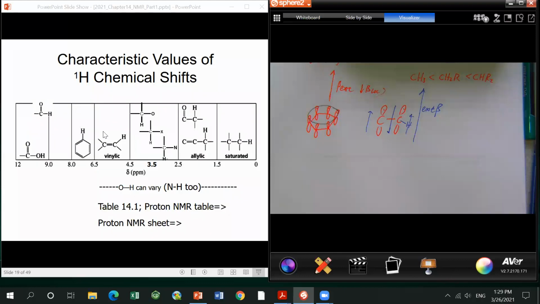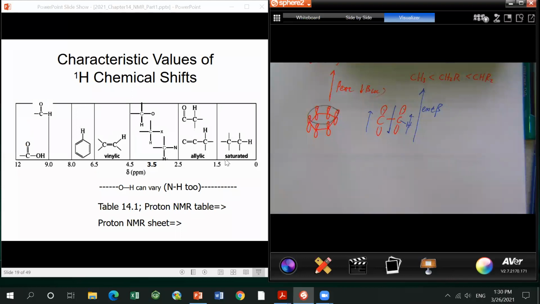All right. Similar to the IR spectrum, where different bonds and functional groups have different wave numbers and different signals, protons are also similar. Depending on the chemical environment, different protons show different positions on the ppm scale.